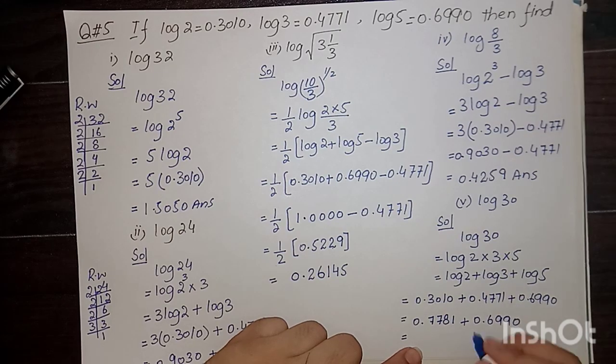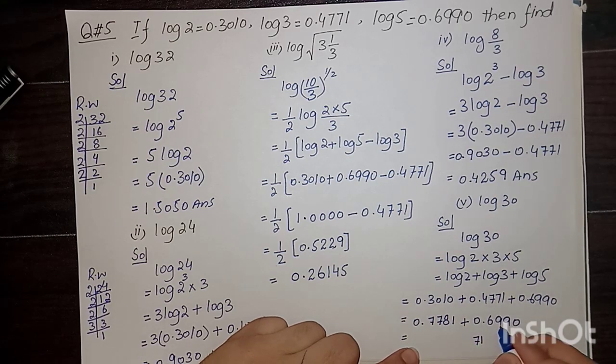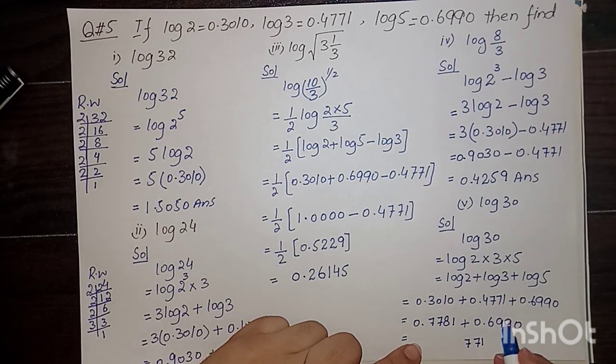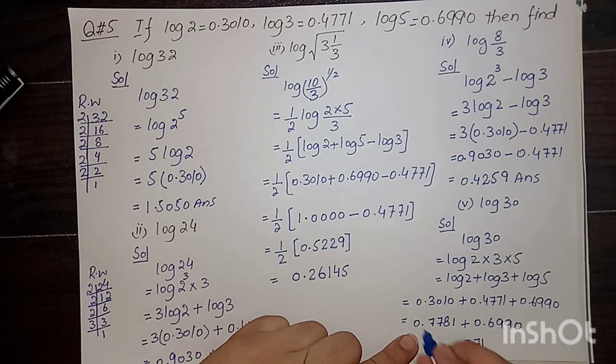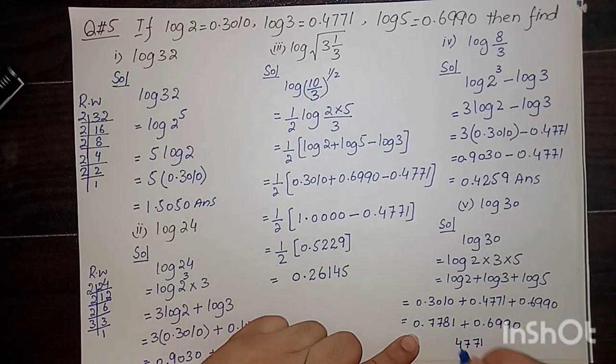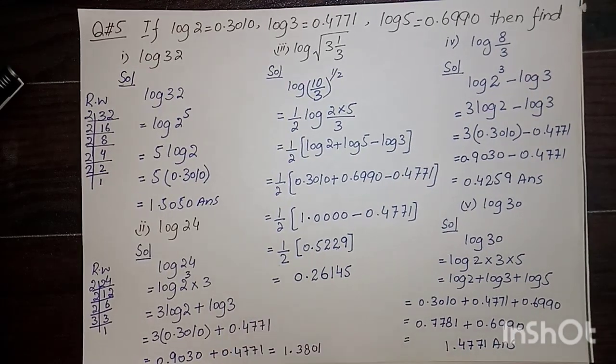Now adding: 1 plus 0 is equal to 1, 9 plus 8 is 17, 1 carry, 9 plus 1 is 10, 10 plus 7 is 17, so 1 carry, then 6, 6 plus 1 is 7, 7 plus 7 is 14, so 4.1, and this is my answer.